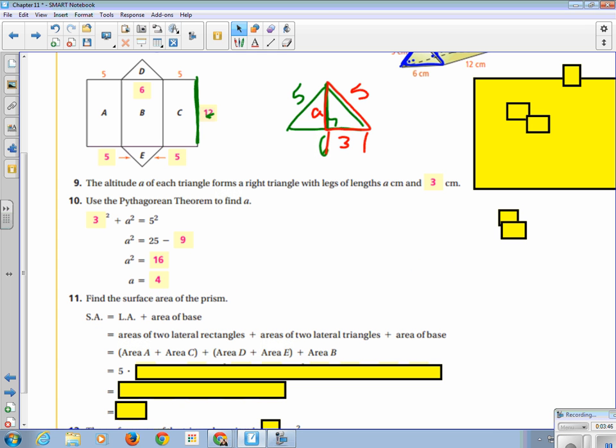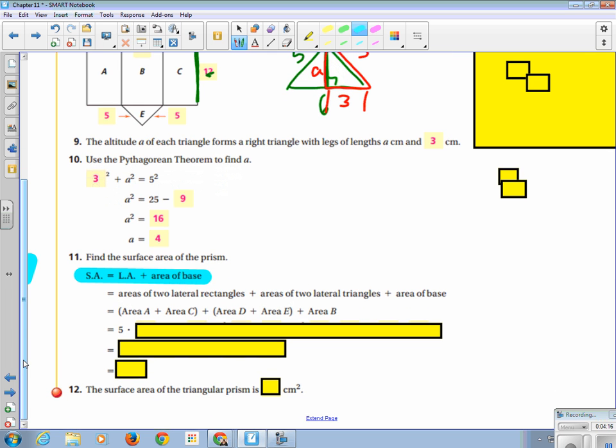So we are going to find the surface area of the prism. Now, this is the formula for surface area of a prism. Please highlight it or write it in the margin somewhere so when you go to take this quiz, you have it. Surface area is the lateral area plus the area of our bases.